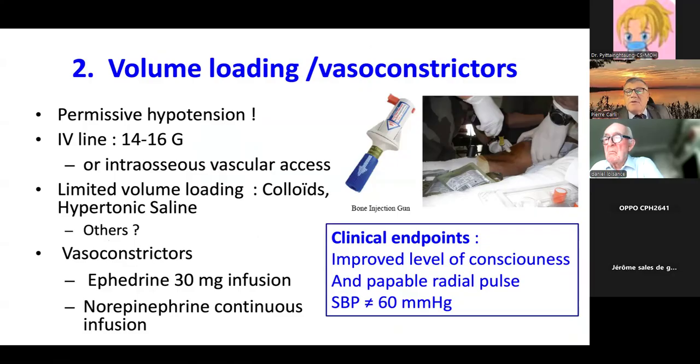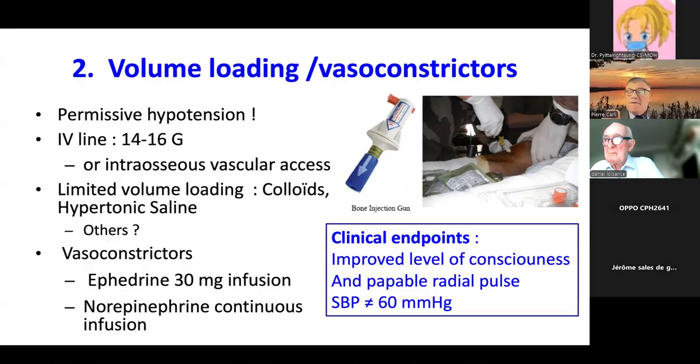So the most important point is here: damage control means you do not restore the blood pressure to the normal level. That's not the aim. The aim is to have, as soon as possible, enough perfusion to limit the coagulopathy, using colloids, hypertonic saline, other things, and we'll see that we can also use blood products when available.